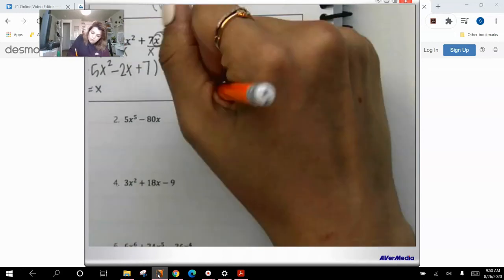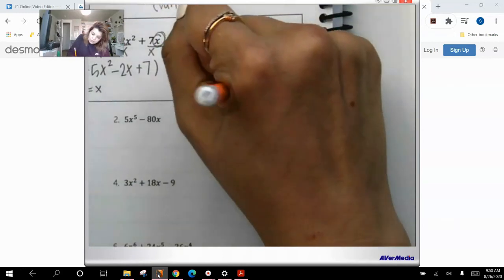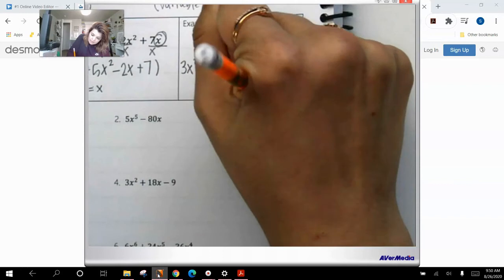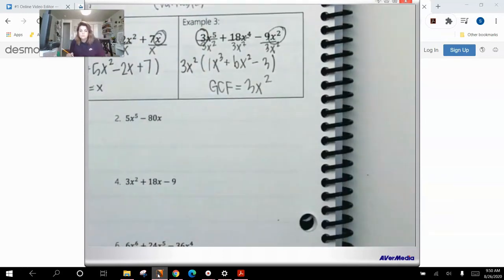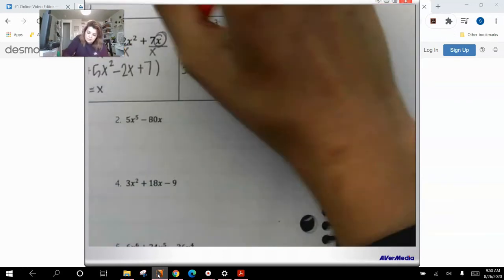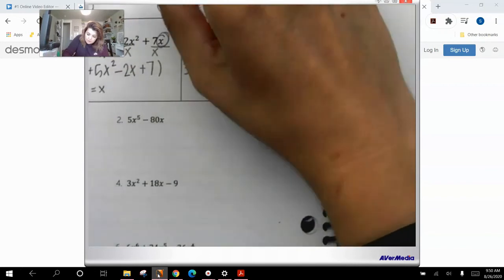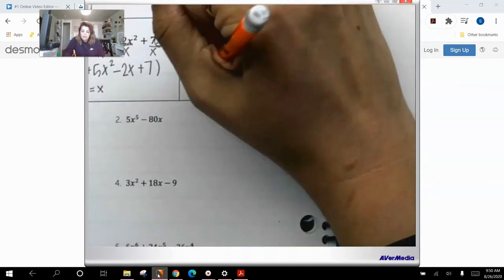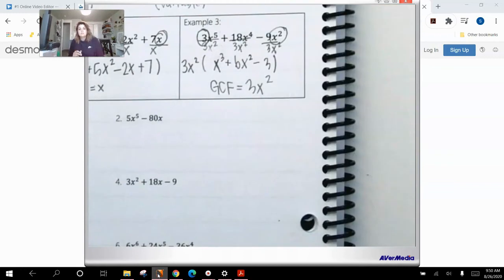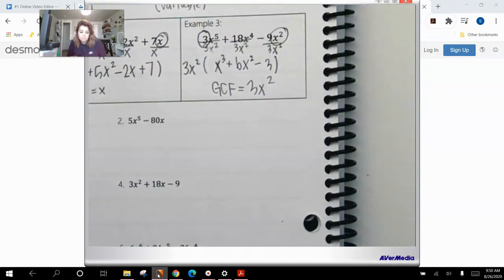So just to make sure we're clear, the GCF for this third example was 3x squared. And then lastly, remember, we don't leave the 1 on that x. We don't leave the 1 there.